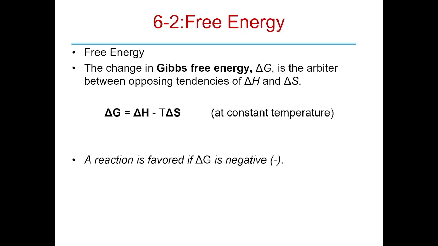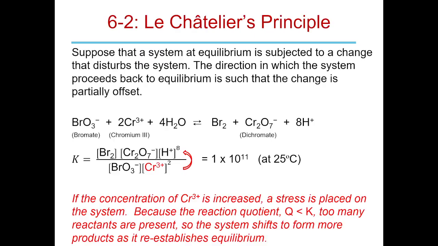So if we have a negative delta G, that would mean our products would be favored at equilibrium. If we have a positive delta G, that means the reactants would be favored. Notice that delta G and equilibrium constants are related numbers. You guys catch that? They're both telling us which side's favored at equilibrium, aren't they?